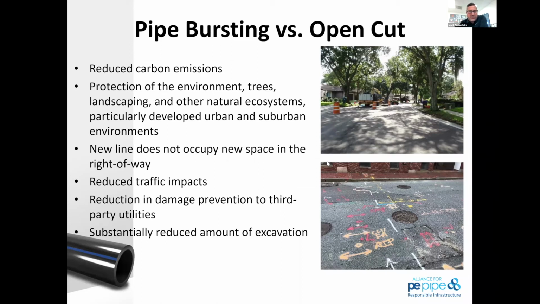If you look at the picture on the top, that is kind of any town USA with the beautiful trees down the edge of an urban street. That really is the character of that neighborhood. If you take the neighborhood in the picture at the top and remove those trees, the whole dynamic of that neighborhood changes. So it's being able to protect not only trees, but landscaping and kind of the urban development.